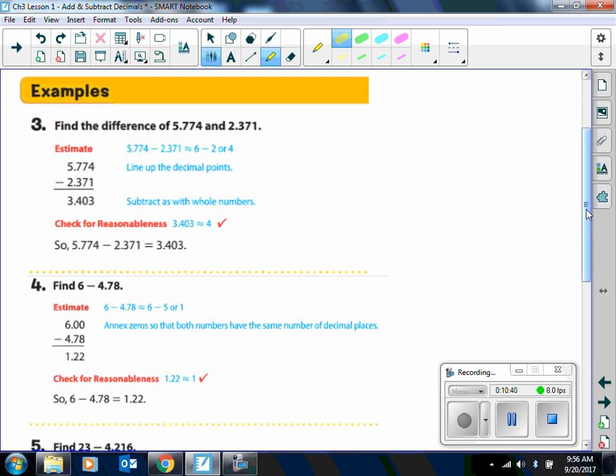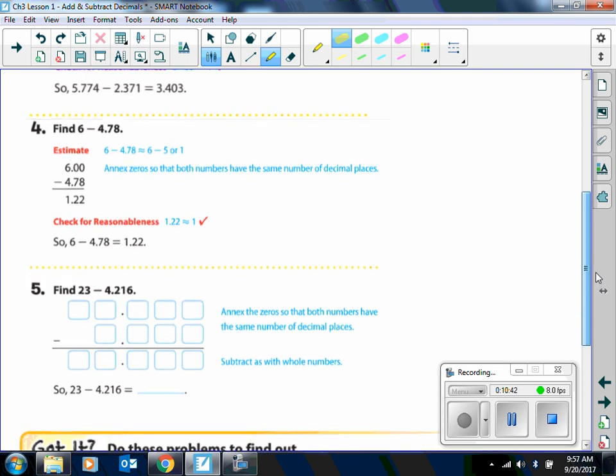All right. So let's do one where we have to annex some zeros, okay? So here we're going to subtract 23 minus 4 and 216 thousandths. So first thing we're going to do is we're going to line up our decimals. So we have 23, and then we're going to subtract 4 and 216 thousandths.